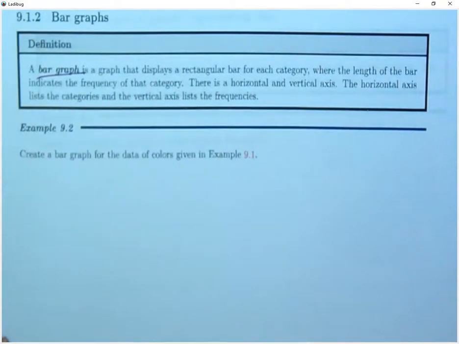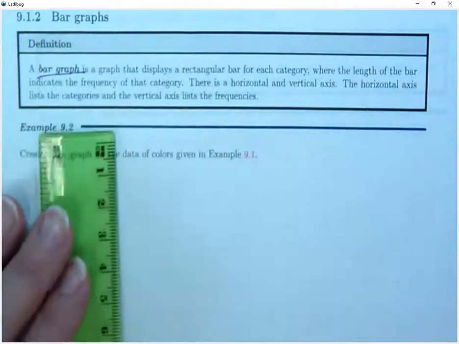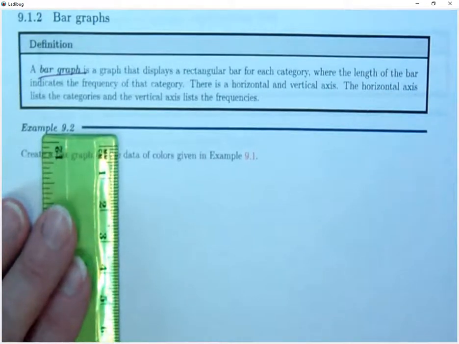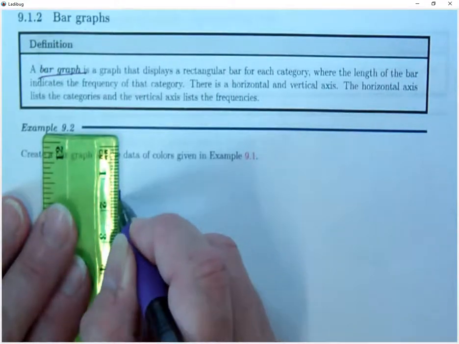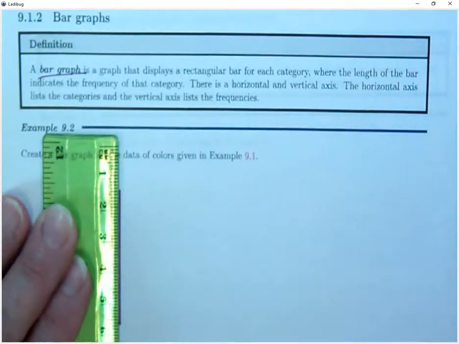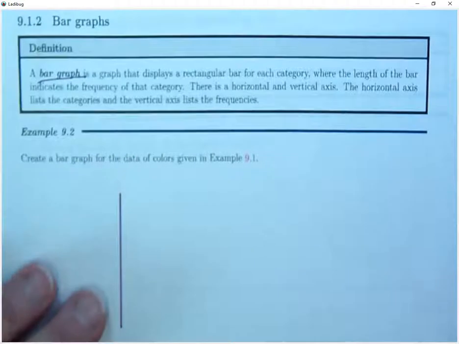There's going to be a vertical axis, and we want to use that same data that we used in the previous example for the color. So we're going to just draw a little grid here. It doesn't say it wants relative frequencies for this, but we could use either unless it specifies. I'm going to do actual frequency on this one.